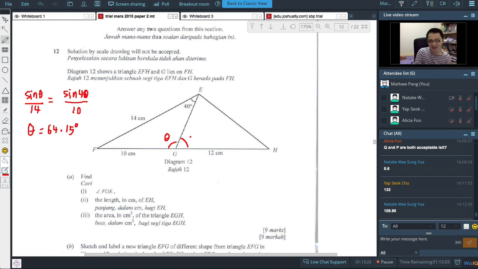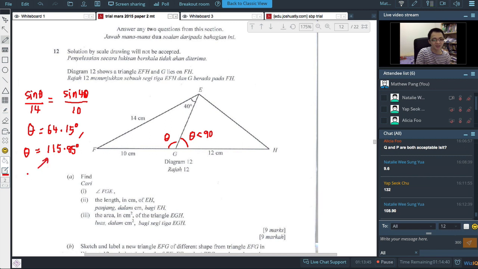If this angle is less than 90, the other side definitely needs to be more than 90. So this one is not my answer. I will need to use 180 minus this one. So I will get my final answer, which should be 115.85. Okay, because this is the final answer.